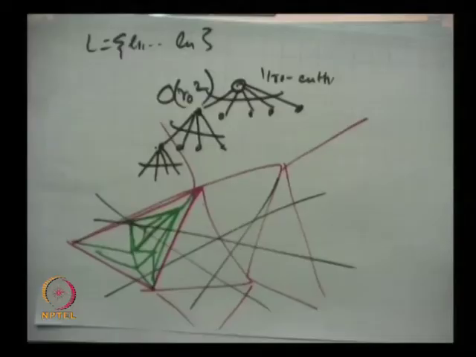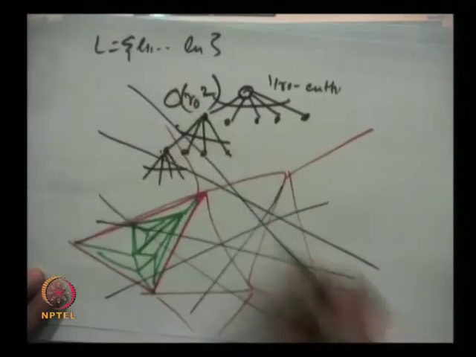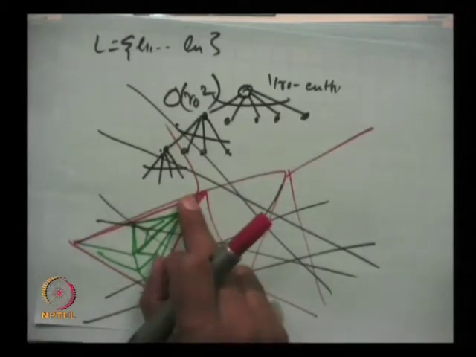So if you look at a cutting, am I right? Not all lines will intersect a triangle. So let's say, let me draw some more lines. Let's say something like that. Now I focus on this triangle. Two lines or three lines are intersecting this triangle.